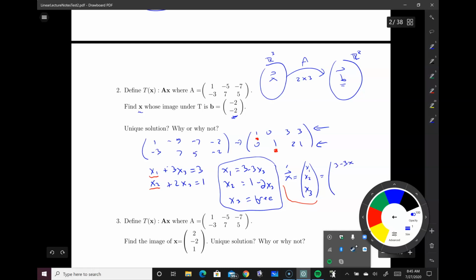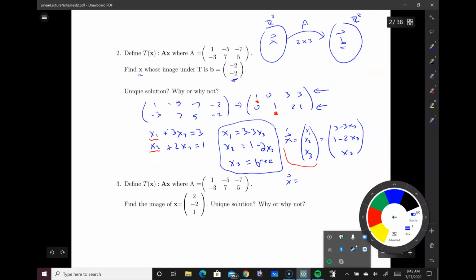3 minus 3x3. What is x2 equal to? 1 minus 2x3, and x3 is itself. So I could break this up. Remember, I could factor out the terms that have no x3s in them. So that would be the numbers 3, 1, and 0.